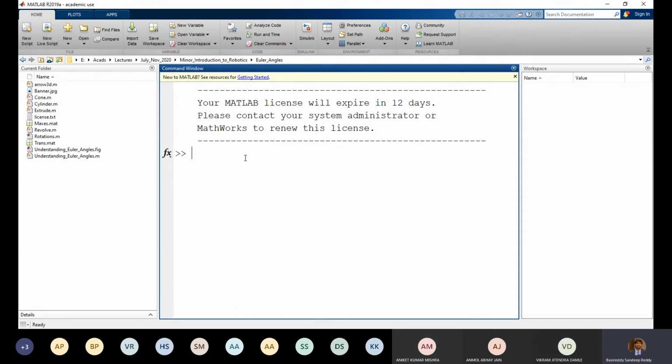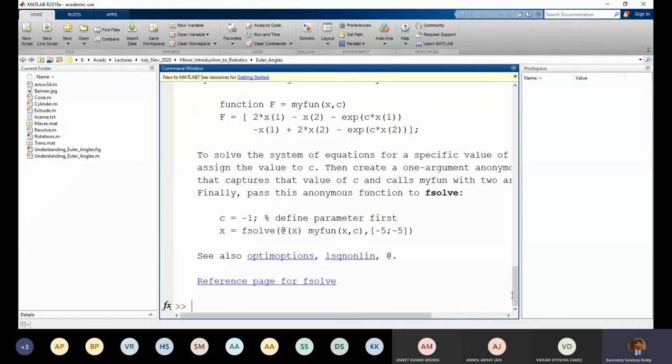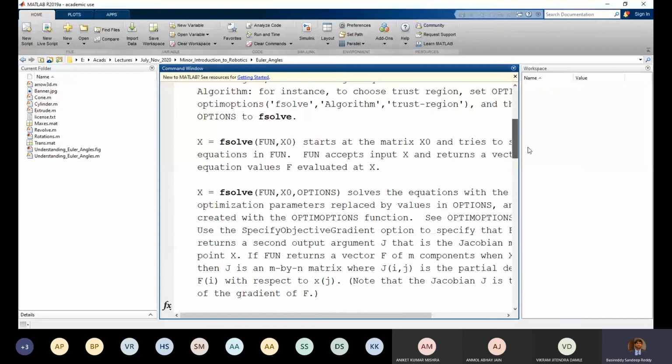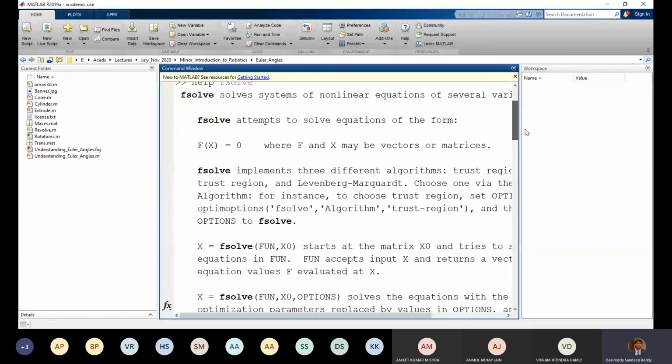The first thing to learn in MATLAB is that if you have trouble knowing how to use a function, and you know at least the name of the function, then you can type help fsolve. And a whole entire explanation has come, on how to solve.